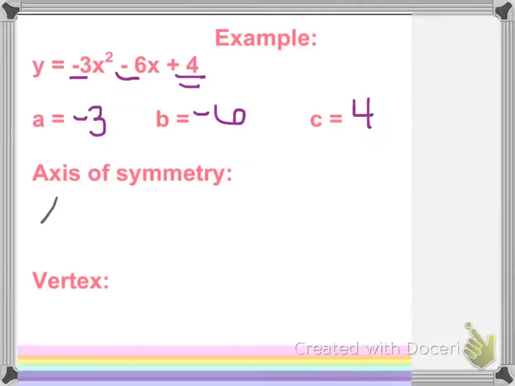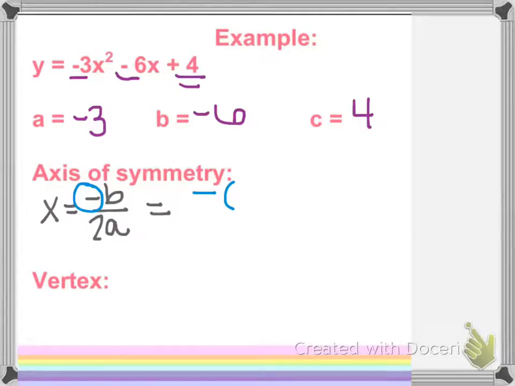The axis of symmetry uses this formula, x equals negative b over 2a. Just like yesterday when I was plugging things in, I'm going to use parentheses anytime I plug something in. This negative is part of the equation, so I put that first. Then I see a b, so I put parentheses because now I have to make a substitution.